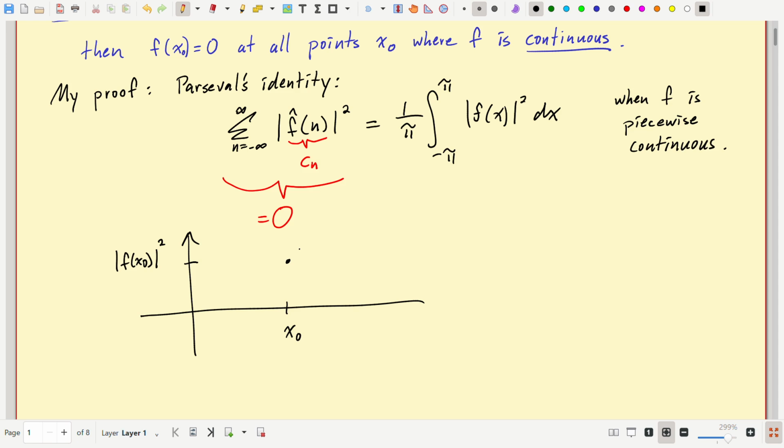At a continuous point, let epsilon be equal to f(x₀) squared over 2.